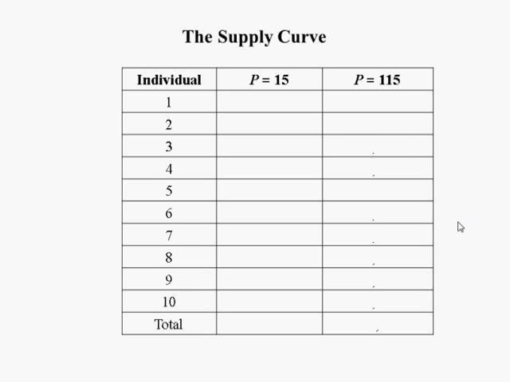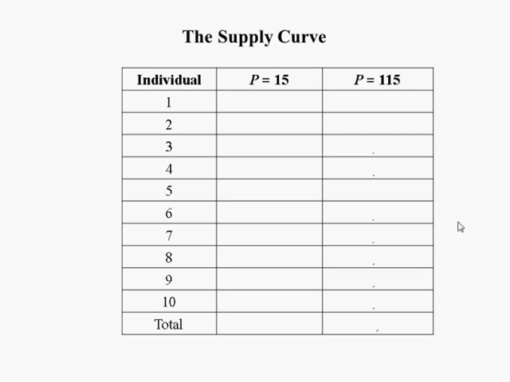Well, before we answer these questions of these individuals, firms are interested in maximizing profits. And unit profit is the difference between unit price and unit cost. The unit price initially is $15 a barrel.